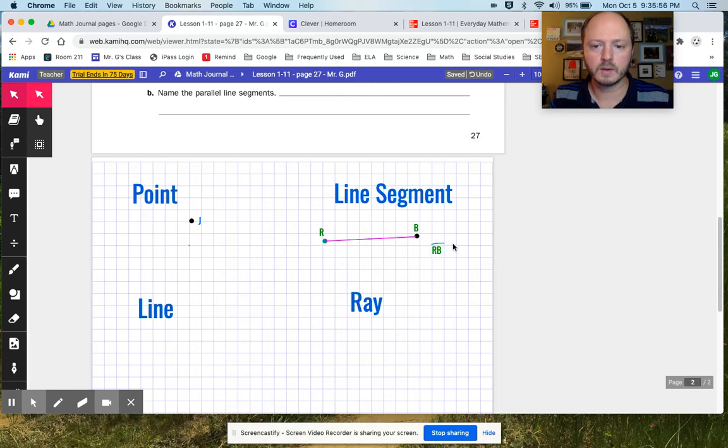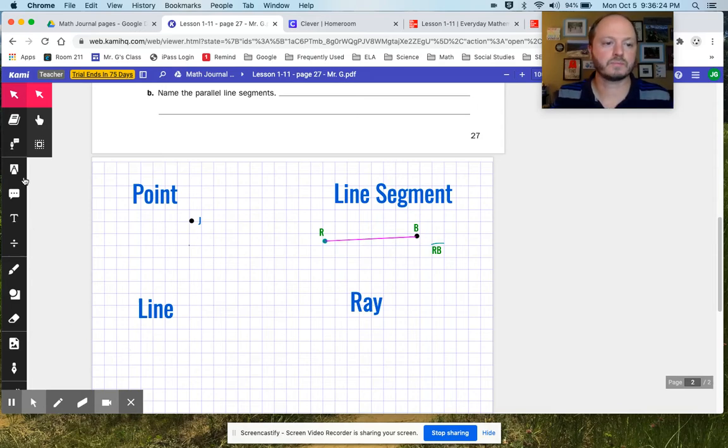Now, I didn't draw that little line very straight, but when you're writing it out, you need to put the 2 letters for both ends of the line segment, and then a little symbol of just the straight little line over the top. That's what a line segment is. And it's really similar to a line, but it has a huge difference to it.